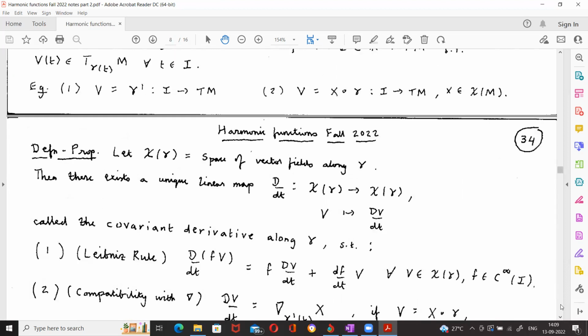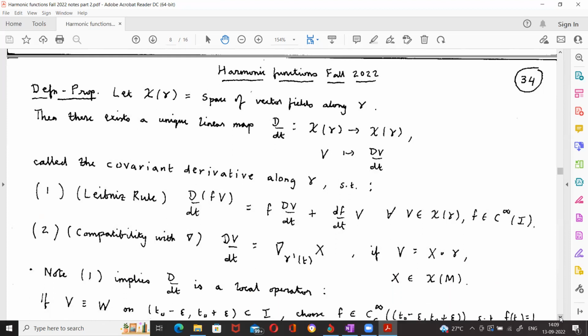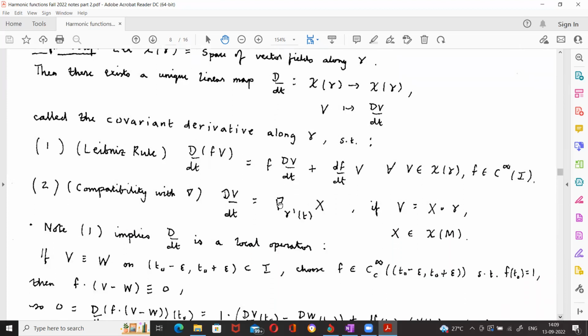So there was a unique operator, given any smooth curve, called the covariant derivative along the curve, capital D sub dt, which goes from vector fields along the curve to vector fields along the curve. V goes to DV/dt, which satisfied a Leibniz rule when you multiply by functions along the curve, and it was compatible with the Levi-Civita connection.